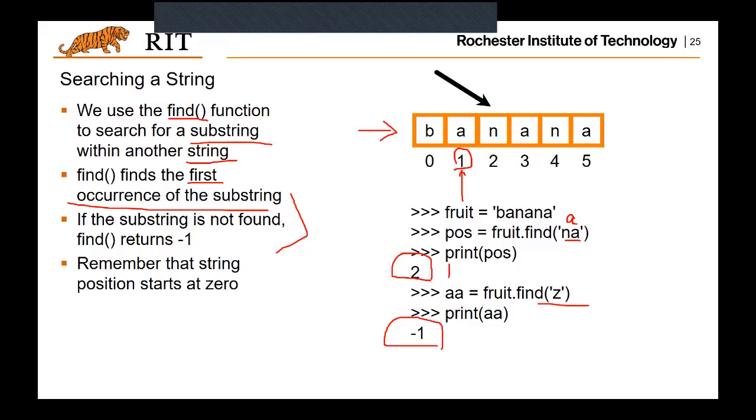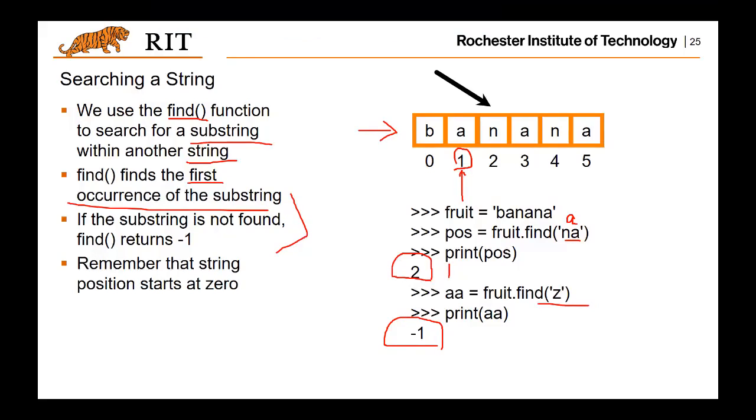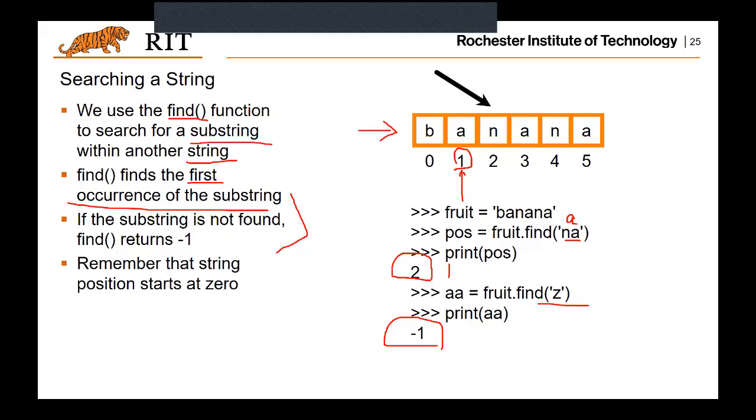It cannot be -1, and that's also an indicator. If you check this value and it is -1, that means there's no such substring contained in this string. So that's how the find function works.